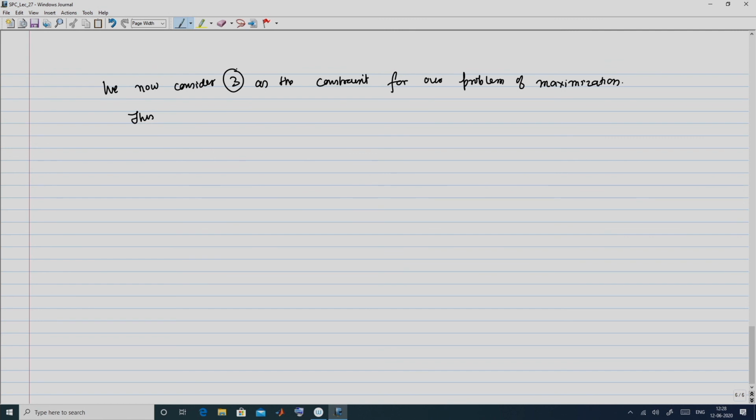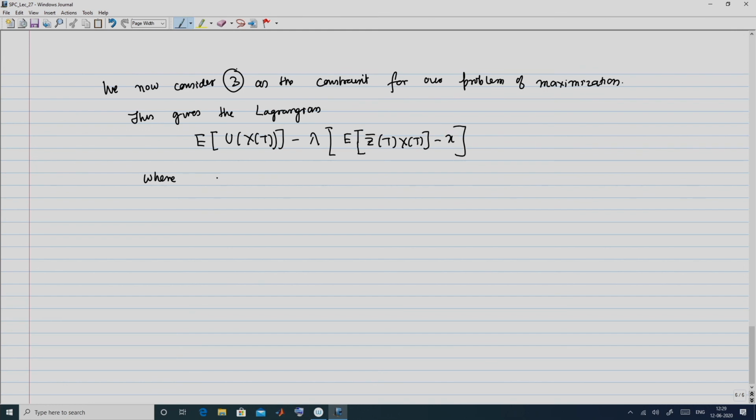So, this gives the Lagrangian of expected value of the utility of terminal wealth minus lambda into the constraint, that is the expected value of z bar of t into x of t minus little x, where this lambda is the Lagrange multiplier. Not to be confused with the lambda that we had done earlier.